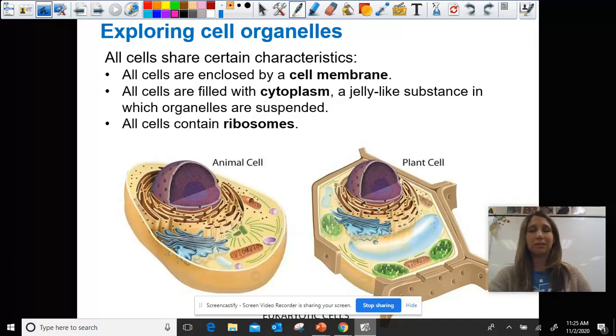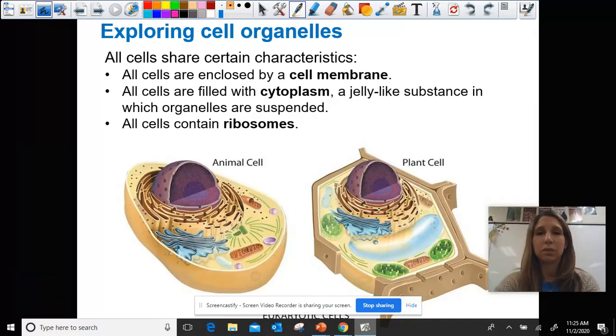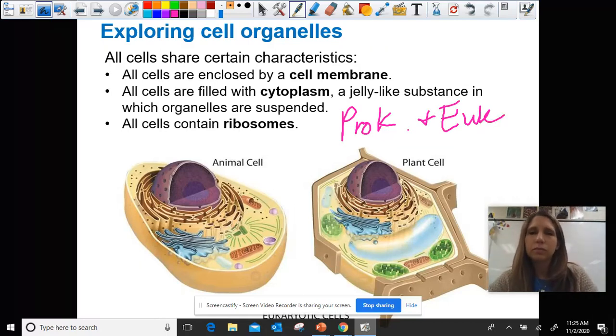All cells, by definition, also have to have ribosomes. So I'm going to put up here, as a reminder, this is both prokaryotic and eukaryotic. Anytime you hear any of these structures or organelles mentioned, recognize that that is true for every single living thing in every single cell that we find.